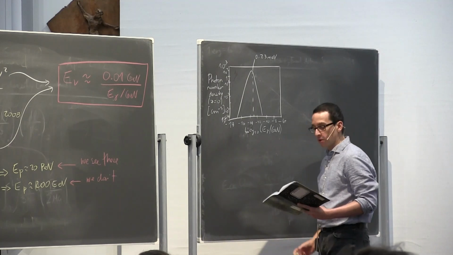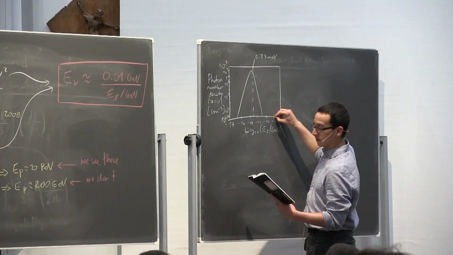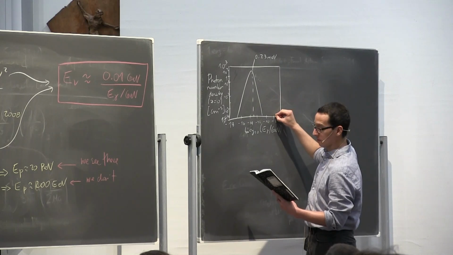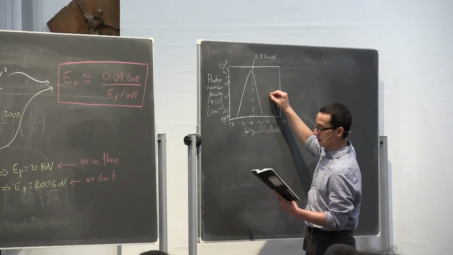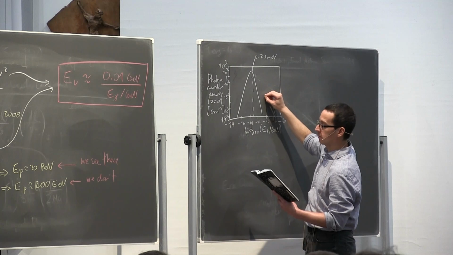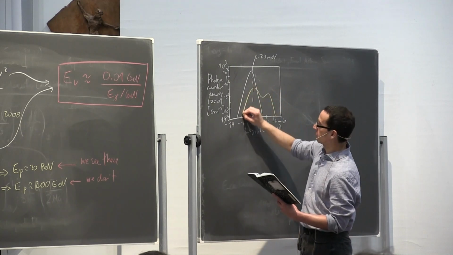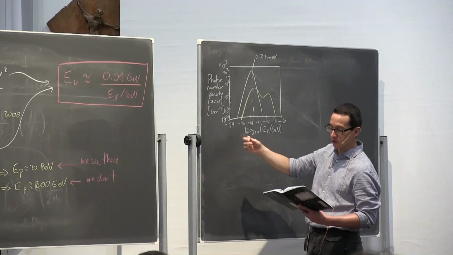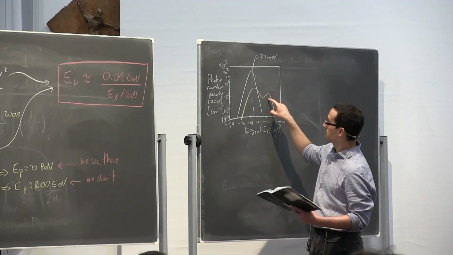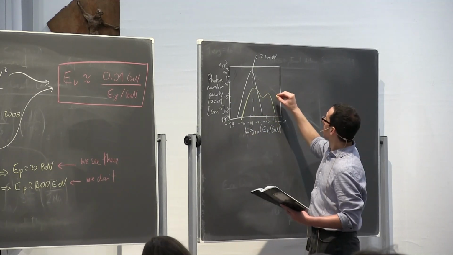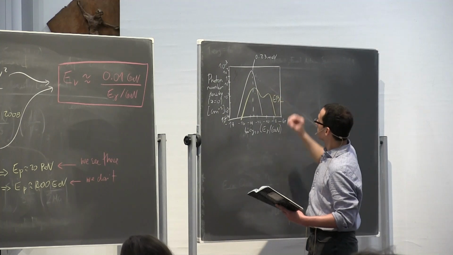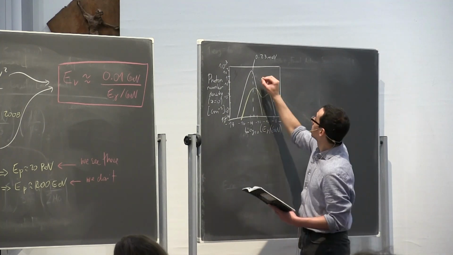The EBL has a more complicated shape because you remember it has two bumps. One is from the UV and optical emission of the stars. One is from the absorption of that by dust and the re-emission at lower energies. So original and then re-emitted. EBL, CMB.